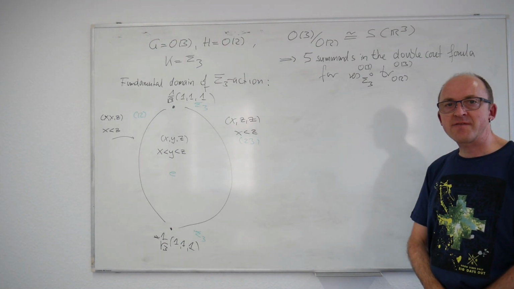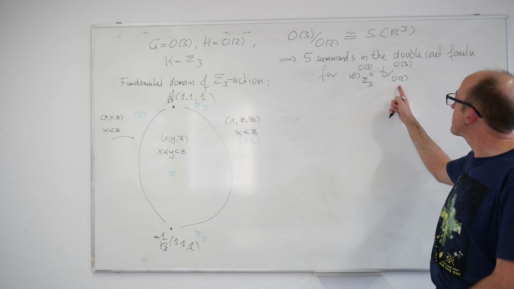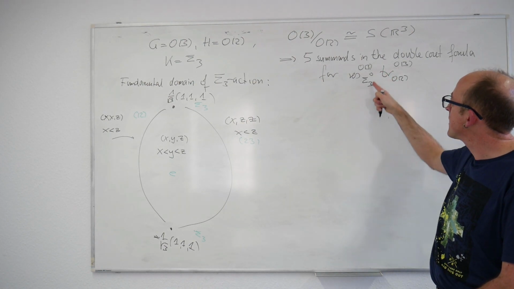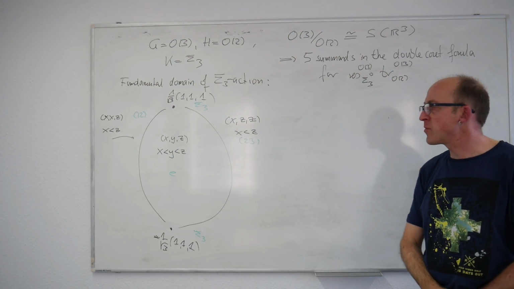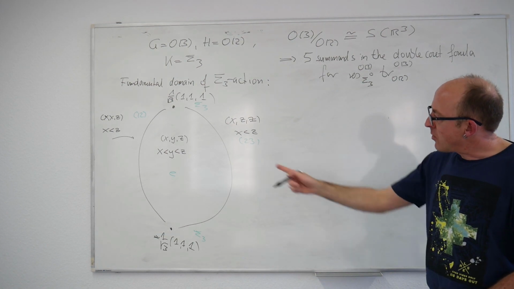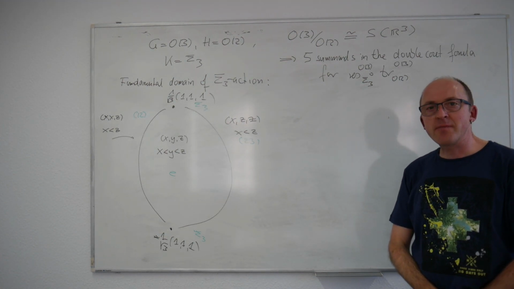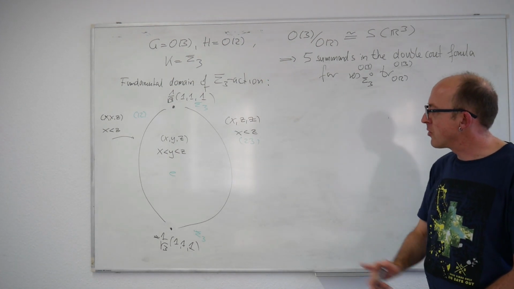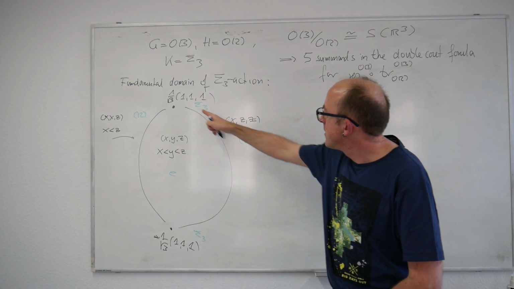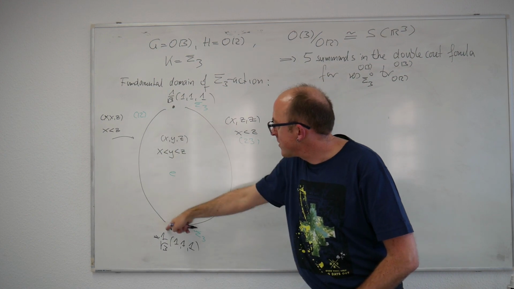Before I go through the 5 summands in the double coset formula for this transfer from O2 to O3 and then restrict it down to the symmetric group on 3 letters, let me point out that you can also very nicely see here that in general these orbit-type submanifolds will be locally closed. We have this open interval here and another open interval.